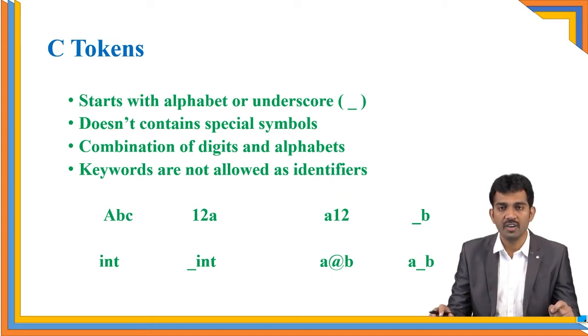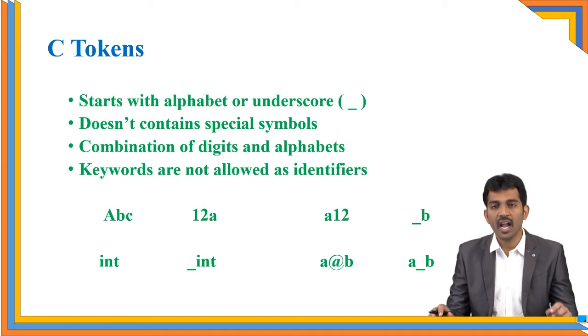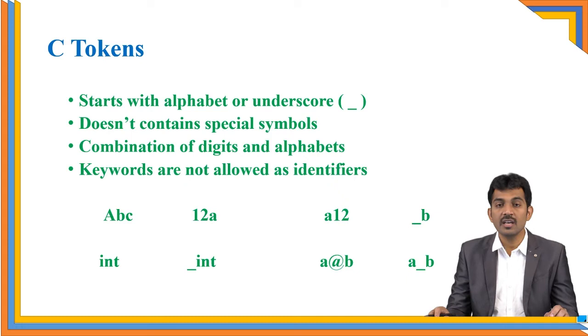And coming to keywords, keywords are not allowed as identifiers. Just now I told you, keywords are reserved words used for the developer's purpose. You don't have a provision to use keywords for your own purpose. Here I have given some examples. Is ABC a valid identifier or not?